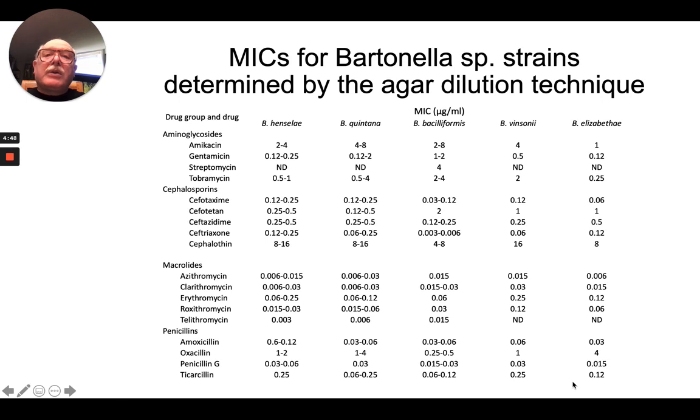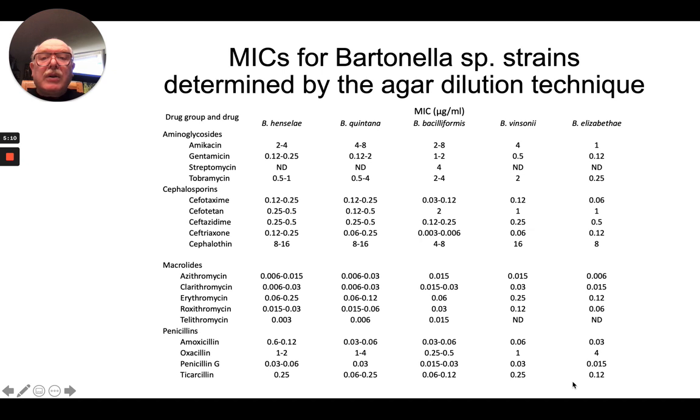This is an educational table I compiled from a published article, and it talks about minimal inhibitory concentration for various Bartonella species determined by an agar dilution technique, meaning that it's done in vitro.